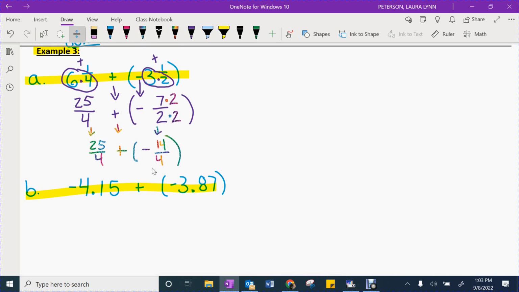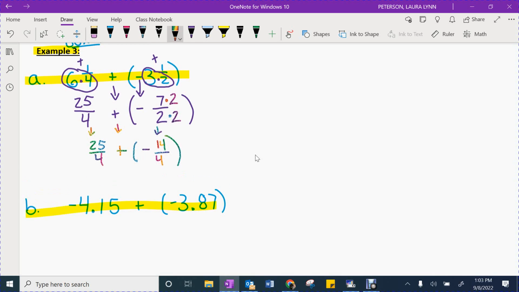Now that we have a common denominator, we can deal with our problem. There's a lot of prepping before we can even solve this problem. We have to make sure we get fractions that look similar enough to work with. What do I mean? Common denominator. Let's decide if we're adding or subtracting.